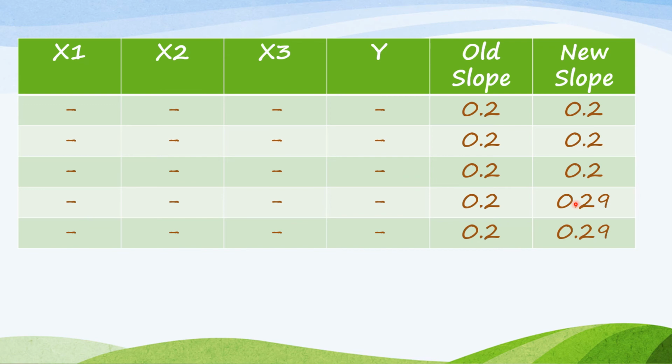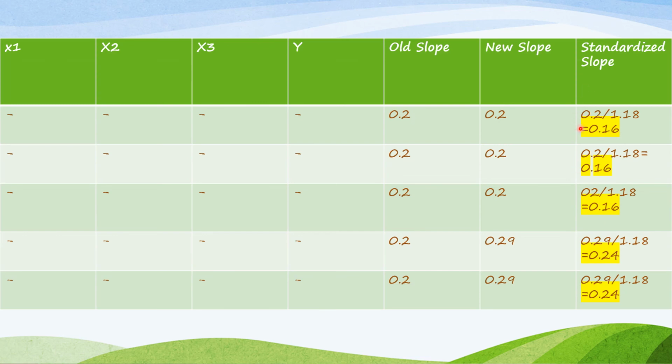Now let's add up all the figures. We get 1.18 and then we will divide each and every new slope by the total amount. So we get this. 0.2 divided by 1.18 is equal to 0.16, and then again 0.16, and 0.29 divided by 1.18 is 0.24.